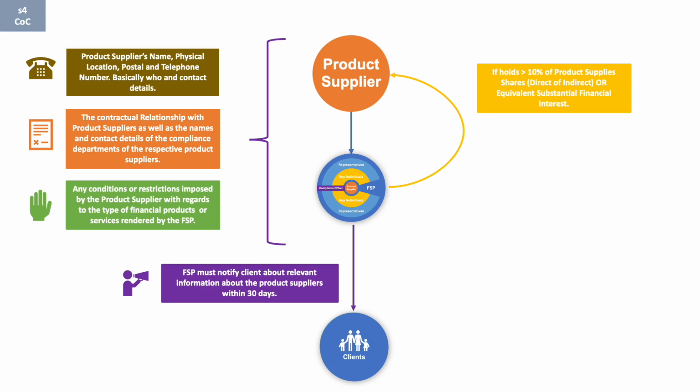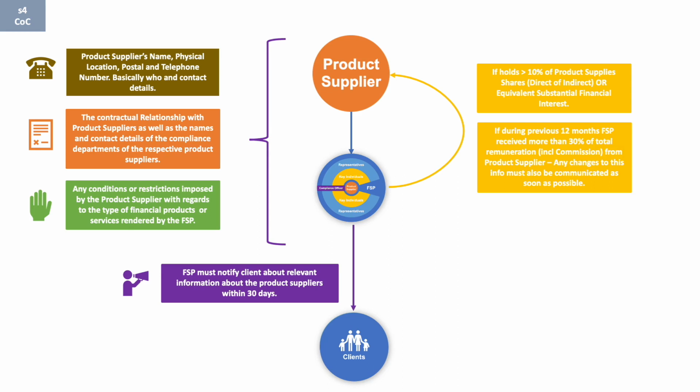It is also important to see that the Code of Conduct extends this to also say, or equivalent substantial financial interest. So basically saying that it does not have to be through holding of shares, but if there is a financial interest that is equivalent to holding 10% of the product supplier's shares.